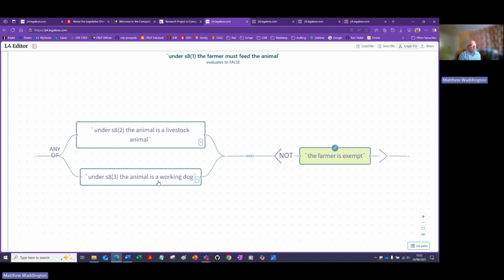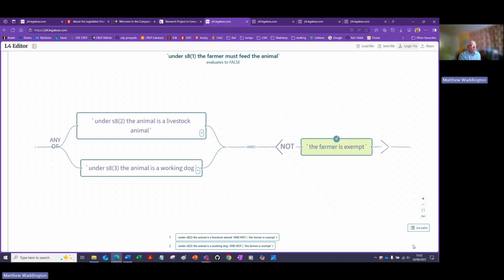What it's doing is checking the relationship between the different provisions. And one way of looking at that is that there are paths through. So there are two paths given the draft that you've written. There are two paths to achieve the farmer must feed the animal.